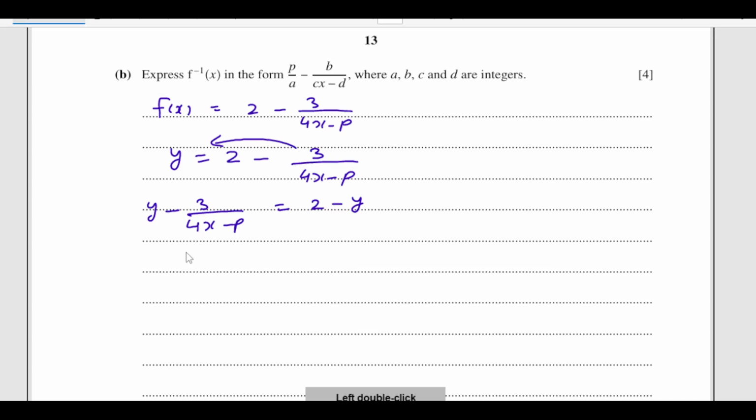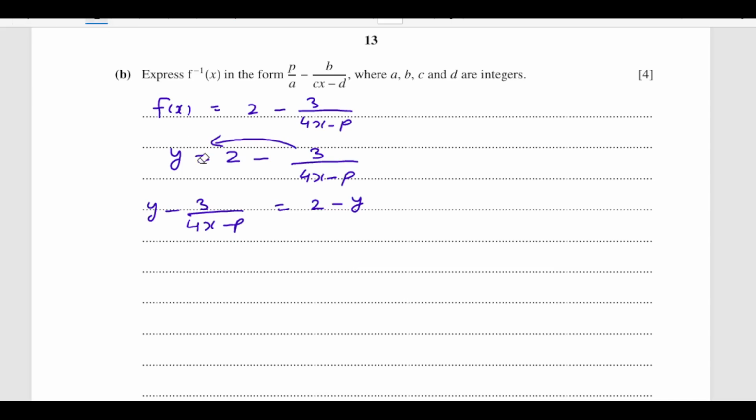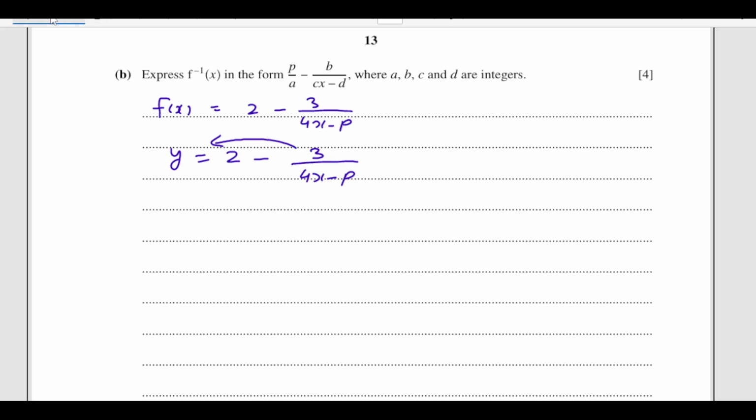Okay, so we want to make x the subject. Because y we have already shifted, we will not write y on the left hand side. So I'm bringing this on this side. This is 3 over 4x minus p equals to 2 minus y, right? Now we cross multiply this.